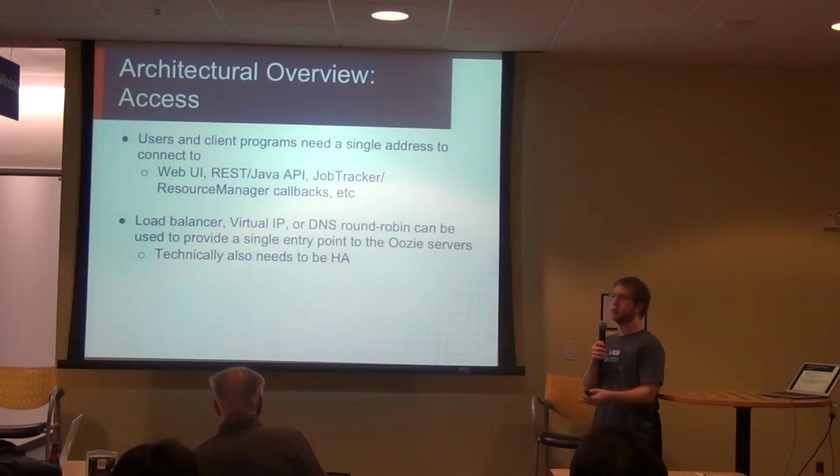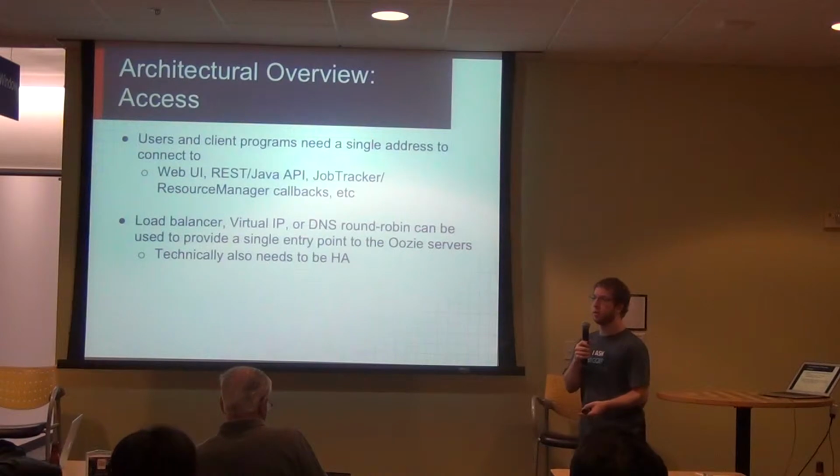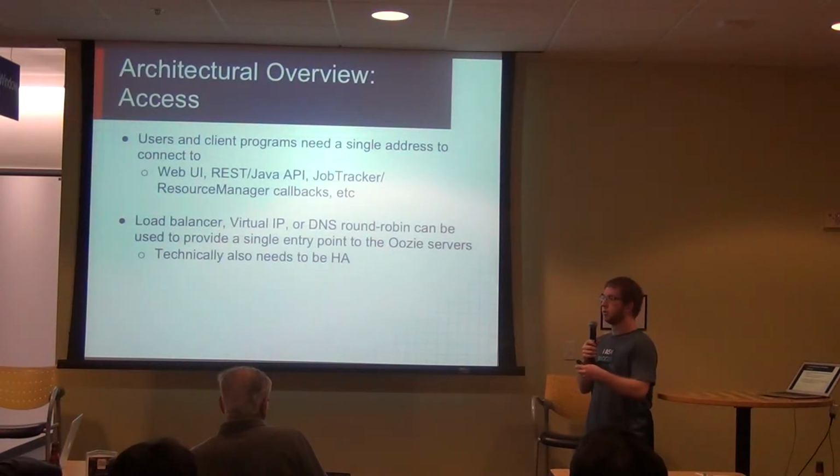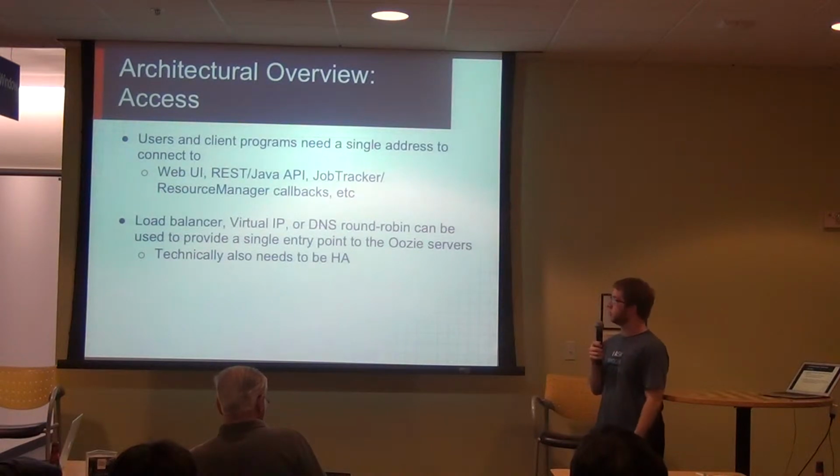So they don't know how to talk to multiple addresses. So to allow for that, we put in front of the Oozie servers a load balancer or a virtual IP address or a DNS round robin. And then basically the client would talk to the load balancer, which would then just choose one of the Oozie servers. And that technically should also be highly available.